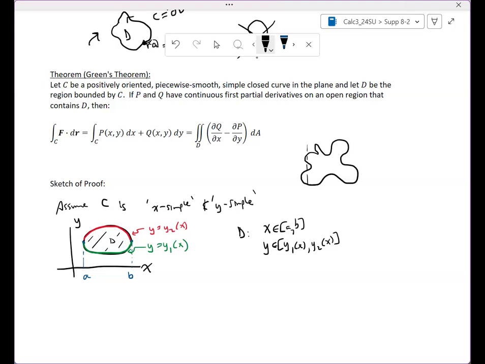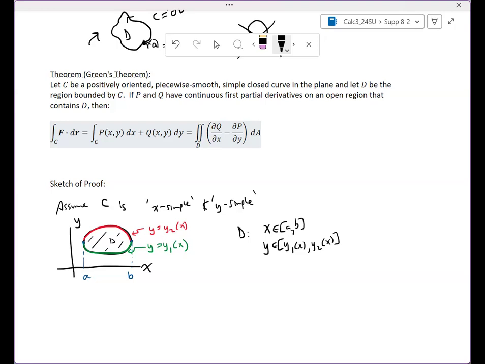So this would not be an x simple or y simple closed curve. So we want this ability to slice the curve into a top part and a bottom part and have just one top part and one bottom part. And we also want the ability to do that the other way as well. If I take y going from, say, c to d, then I want there to be a left part and a right part that are unambiguous.